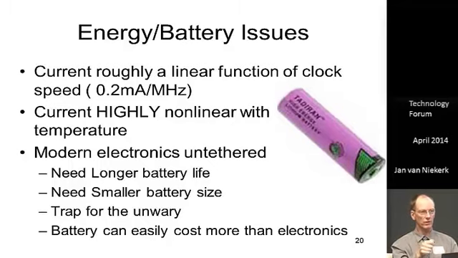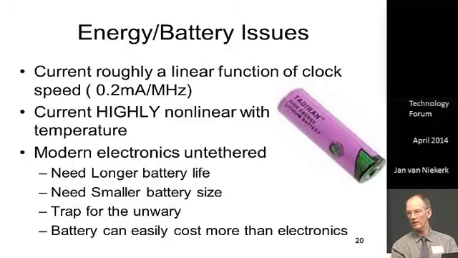So go look, your microcontroller datasheet says current at 20 degrees centigrade, but make sure you find out, if that's important to you, what is the current at 40 degrees centigrade, and I can guarantee you it's going to be a lot more. So why is all this important? Because modern electronics is untethered, so it's running off batteries.